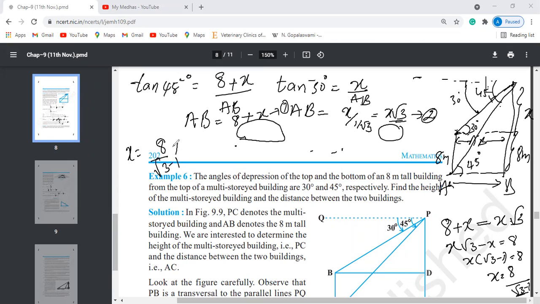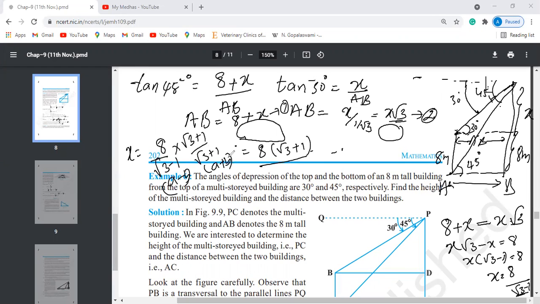So what you can do is you can multiply and divide by the conjugate. So you will get 8 into root 3 plus 1 divided by a minus b whole square, a minus b whole square, right? A square minus b square. This is a minus b and this is a plus b.